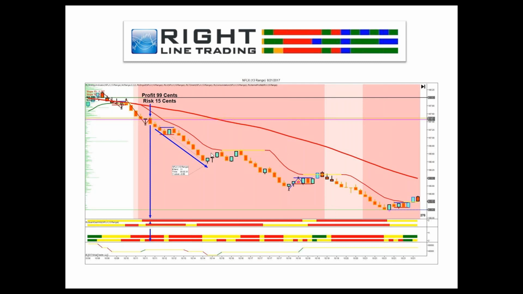And you can see, as long as this background bias was dark pink, light pink is a weaker down bias. I scaled this very conservatively. If you took a little bit more risk, you could have taken Netflix all the way down to support here, and this would have been about a $2 trade on 15 cents of risk.